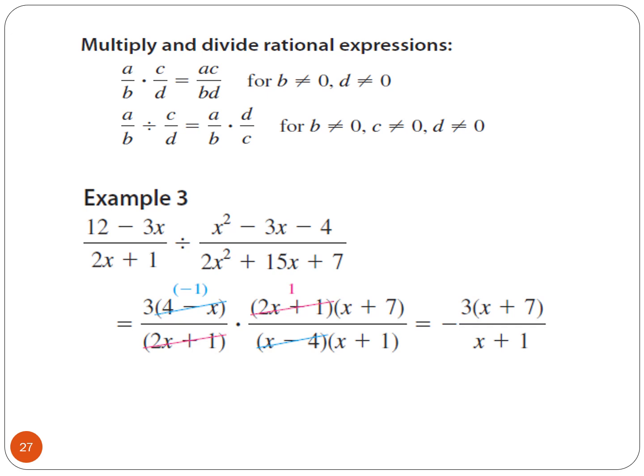The denominator, 2x squared plus 15x plus 7, becomes the numerator, and that can be factored to 2x plus 1 times x plus 7. The numerator in the original expression becomes the denominator, and it can be factored to x minus 4 times x plus 1.